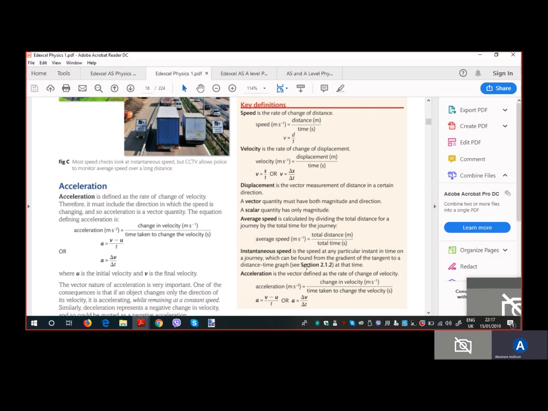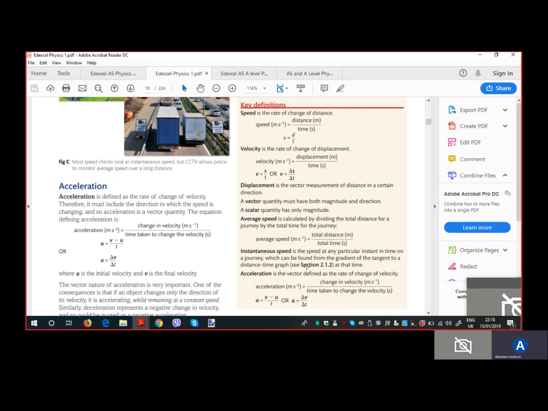If you want to find the acceleration at a certain time, then from a velocity time graph you find the gradient. Is that clear? So you should know that the gradient of a velocity time graph is the acceleration. The gradient of a speed time graph is also acceleration. The gradient of a distance time graph is the speed.